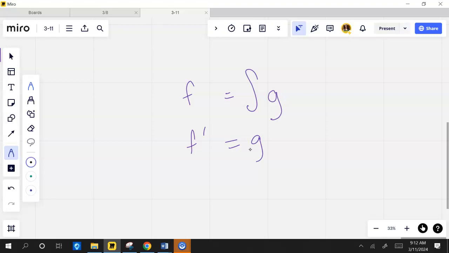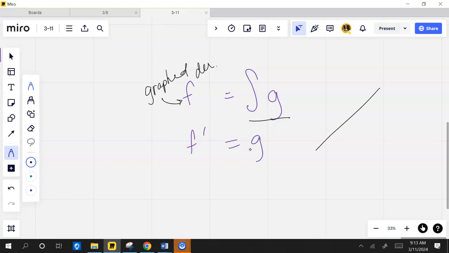This graph is the antiderivative of g, right? So if I want the graph of g, this is what I have graphed right here. If I want g by itself, then I'm going to have to do the derivative of what I have graphed.